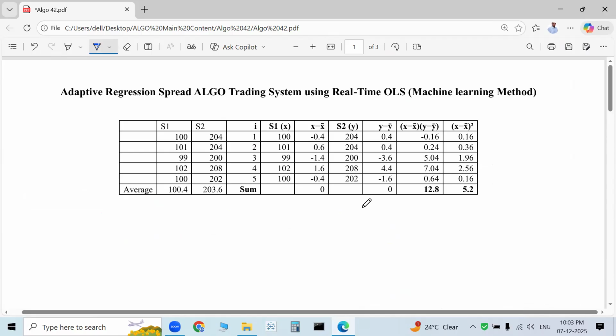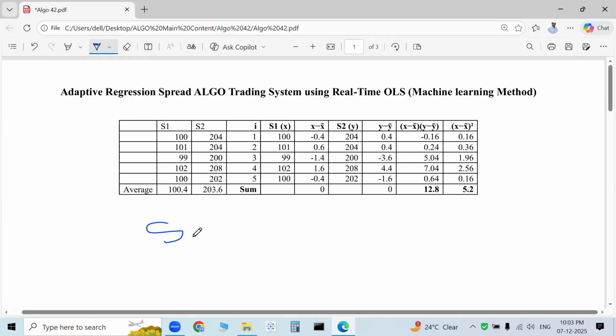You can take the reverse side also. If your stocks are on opposite moves, like one moving up and the other moving down, then this kind of spread also works, but the logic of the calculation you need to change. Now I'm going to show this in a complete simulation, but let me summarize this complete calculation for you.